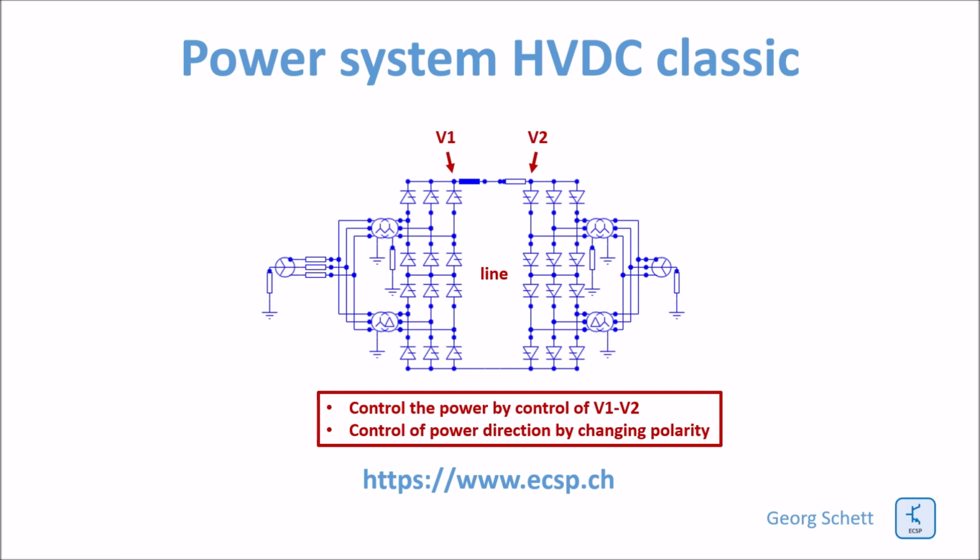So the circuit I show here is a strong simplification. In reality, of course, you would have series reactances at the source. You would have reactances within the transformers. You would have reactances and filters and whatsoever on the sending and on the receiving end, and in series to each of these thyristors.